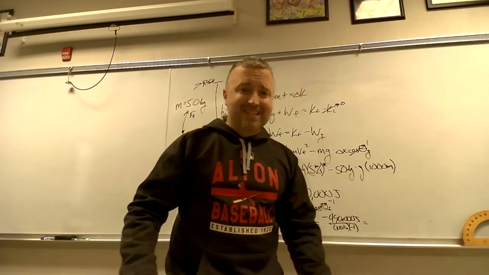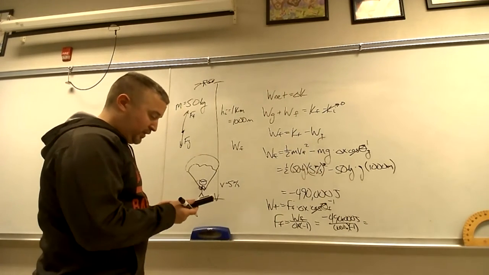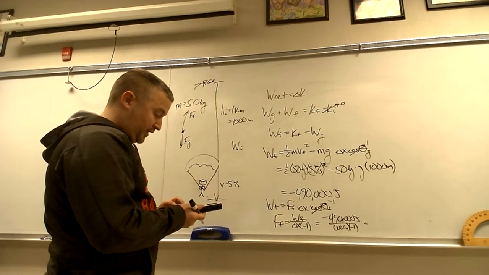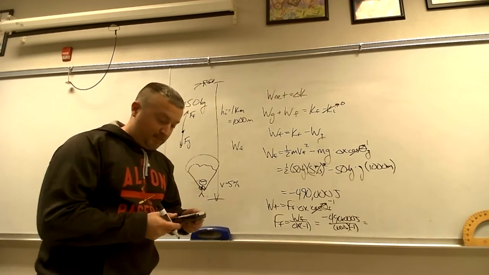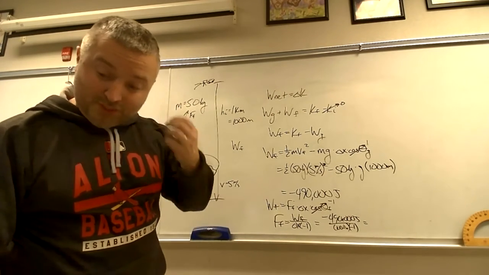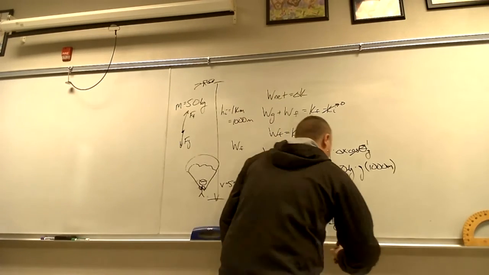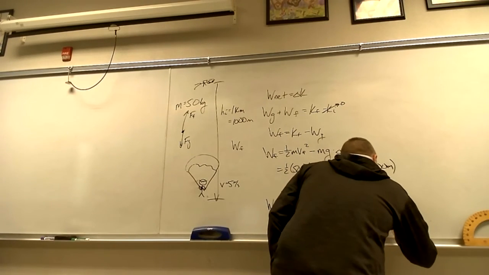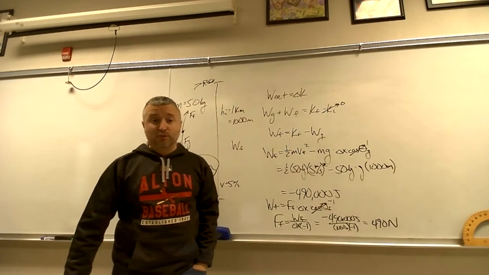And we should always get a positive magnitude in this particular case. So just divide by -1,000, and we get that the average force is 490 newtons, because it's a force.